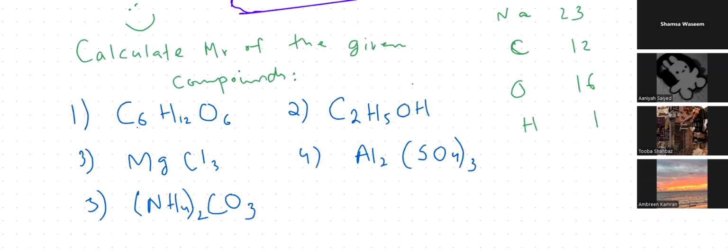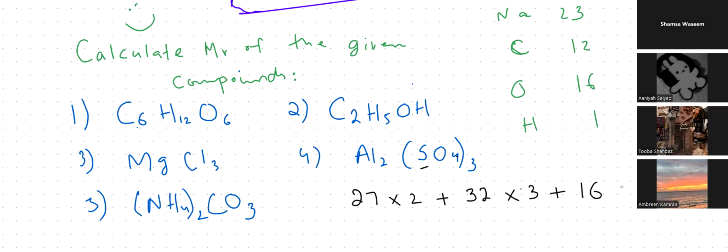Now see, the AR of aluminum is 27, multiplied by the number of atoms, which is 2. Before writing the next element, sulfur: you could write 3 outside and put this in a bracket, or you could just write the AR of sulfur as 32, multiplied by 3. Plus the AR of oxygen is 16, and then we multiply it by 4 threes, which is 12.